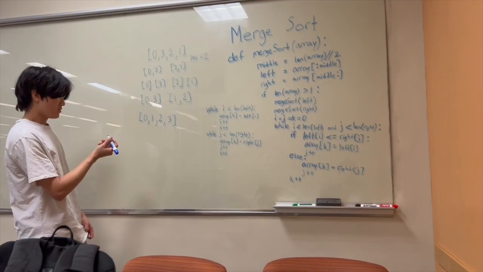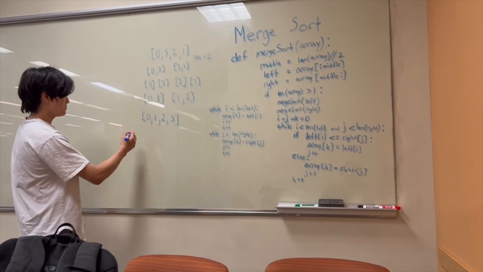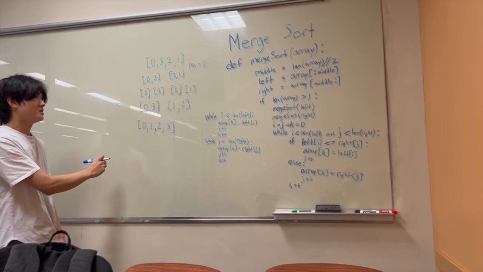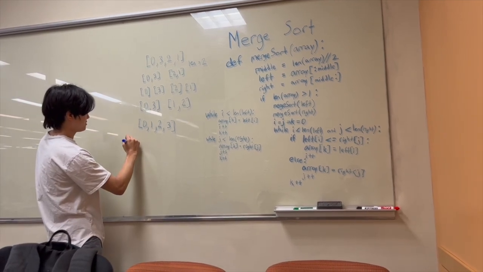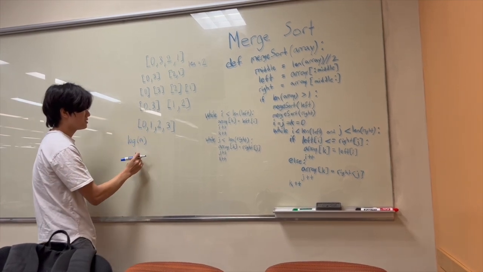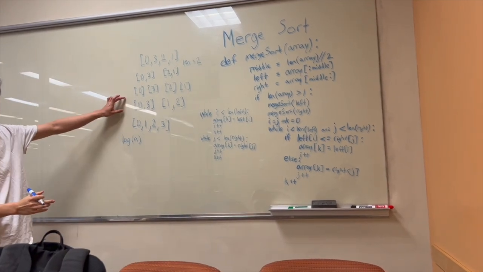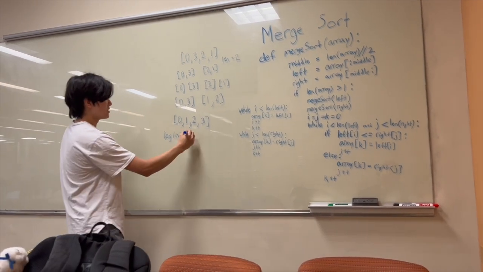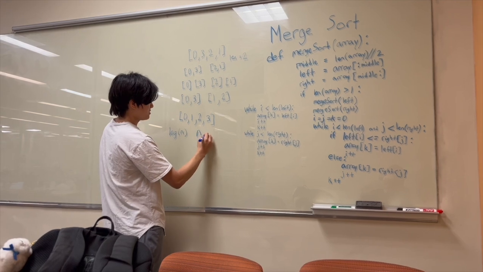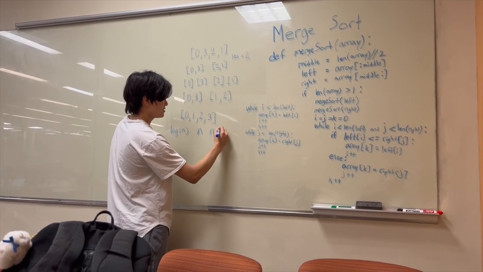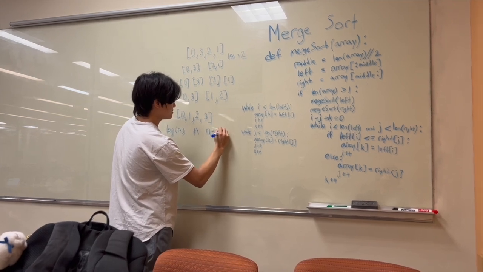We're talking about the time complexity of the algorithm. The algorithm splits the array into halves, log n times. And then when the algorithm merges back together, it does that n amount of times, where n is the size of the array.